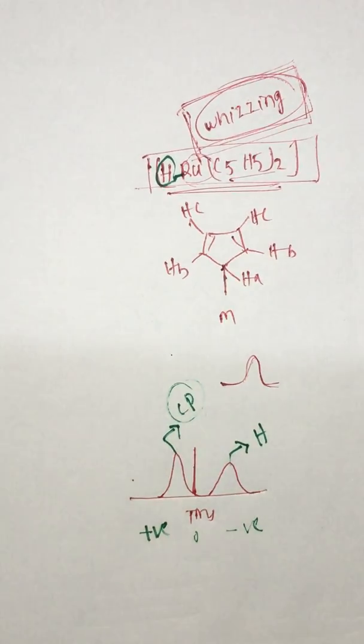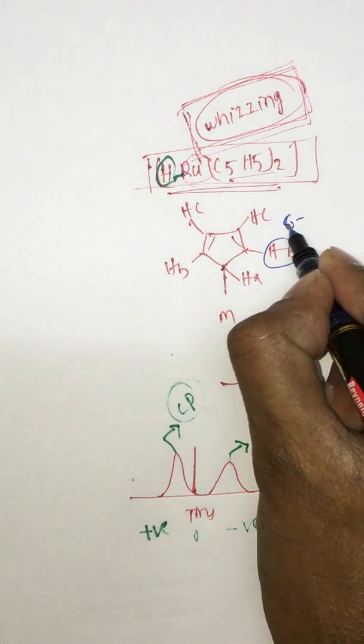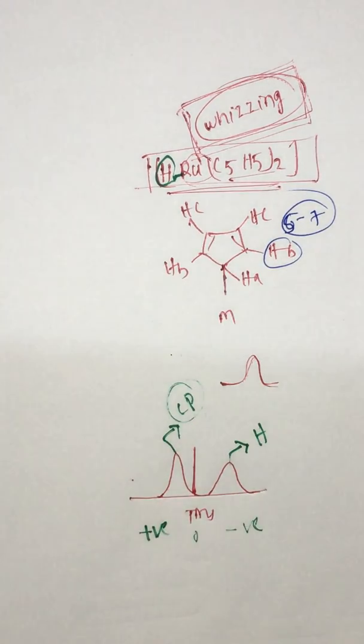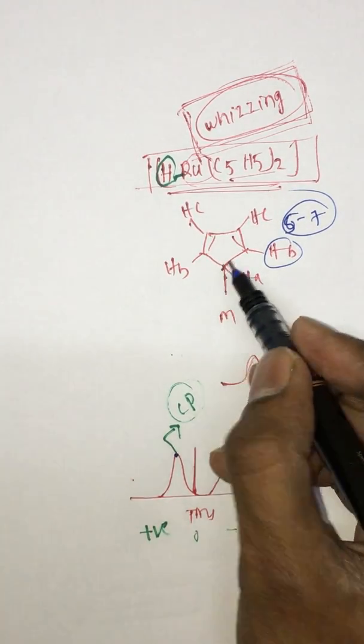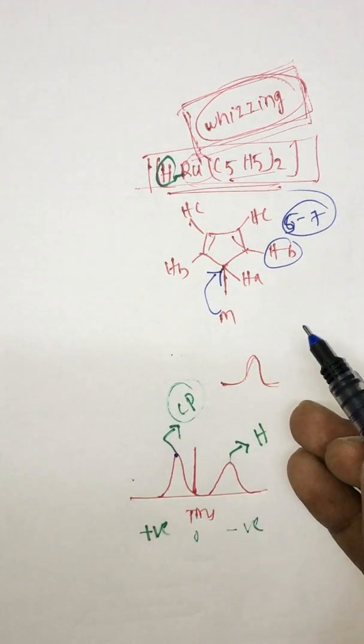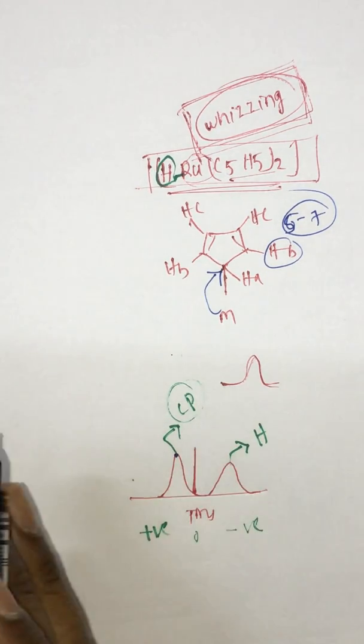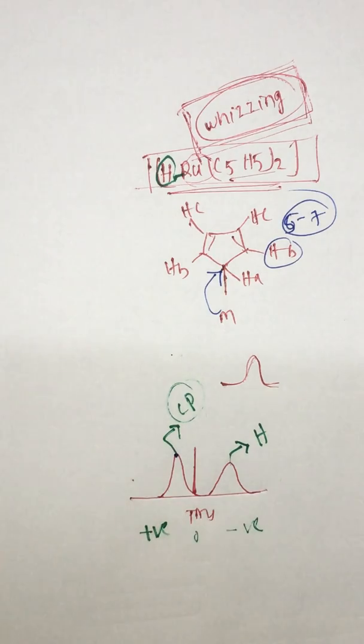Another thing we need to know here is that generally these protons come around 5 to 7 ppm, but here it is coming almost near the TMS, because here we can talk about the back bonding concept. There is electron density transfer from the metal to the cyclopentadienyl ring. Because of that, the cyclopentadienyl signal is getting an upfield shift. So this is about this complex.